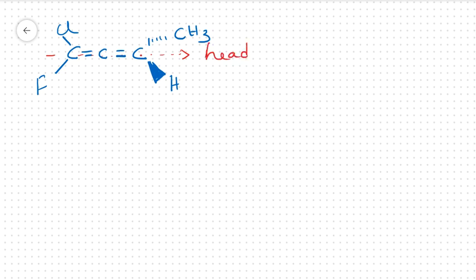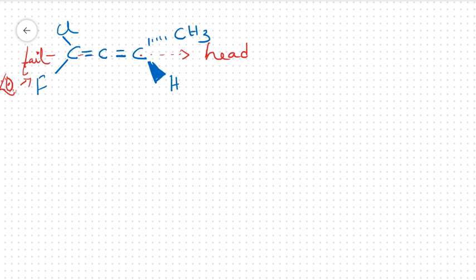So this is head and this is tail. Okay, this is head and this is tail. So we have to always look from this part. Okay, we are looking from this side.